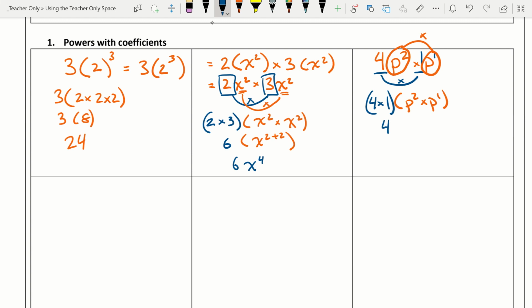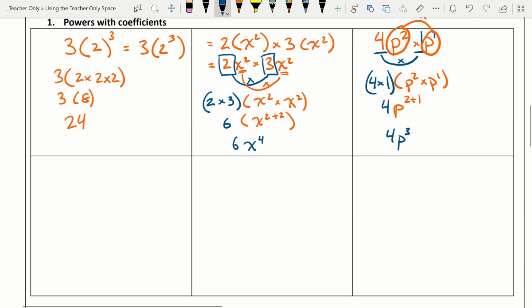And that gives us 4, and then we have p to the 2 plus 1. And our answer ends up being 4p cubed.